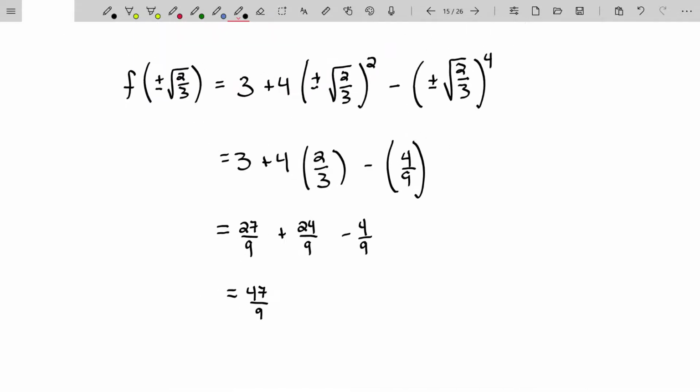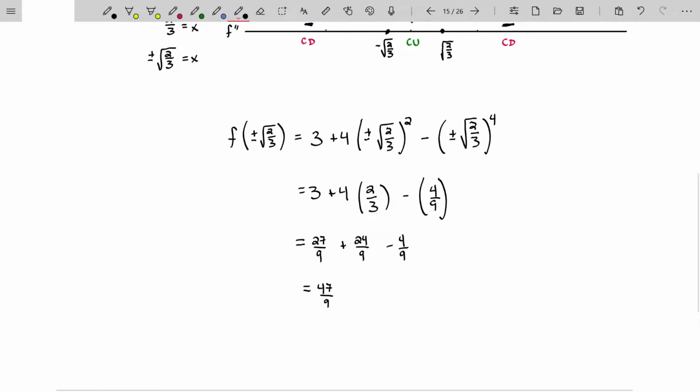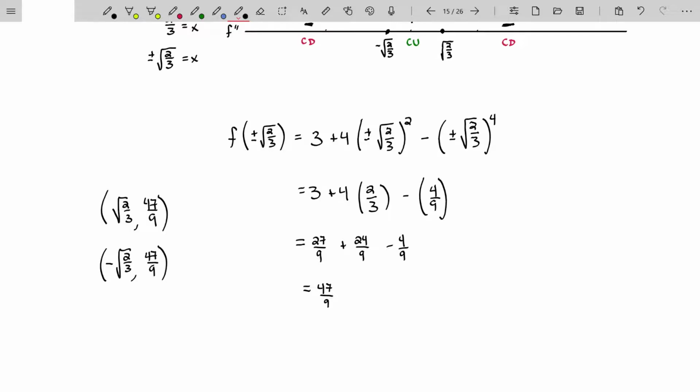Does not reduce, but I don't need it to. But those would be the critical points. They're at positive root 2/3, 47/9, and a negative root 2/3, 47/9. Trust me, making a table of values like this is going to be very powerful in the long run.